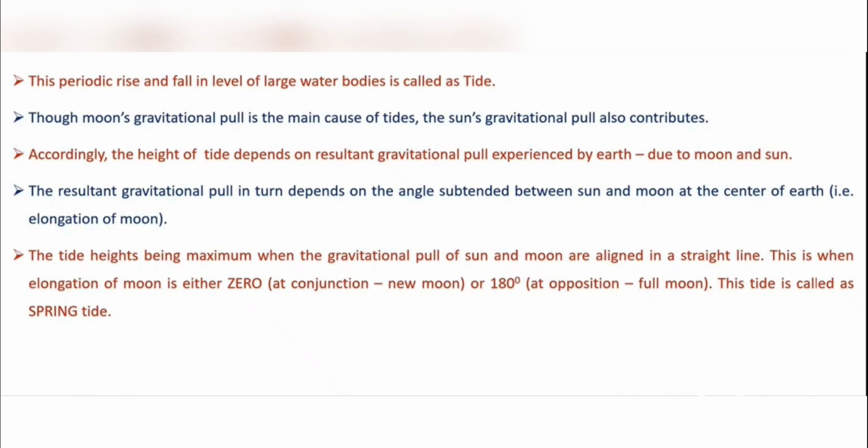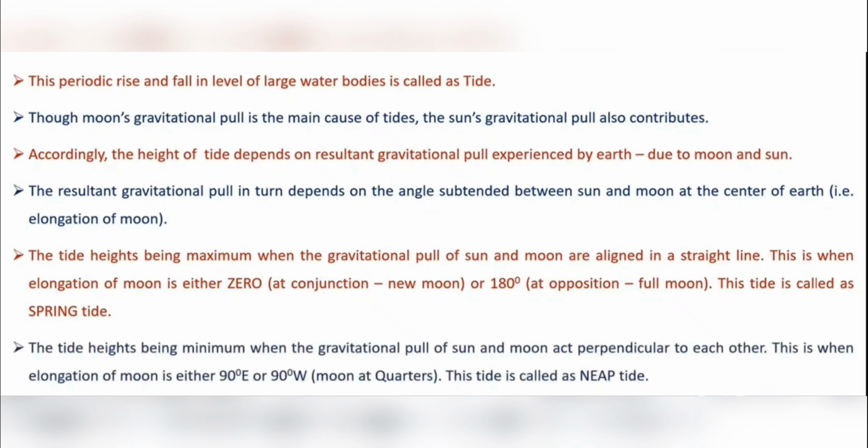That means this will happen when the elongation of the moon is either 0 degrees, that means moon is in conjunction with the sun, and that is the occurrence we all know as new moon, or the elongation of the moon becomes 180 degrees, that means moon is at opposition, that is the event or occurrence of full moon. This tide, when the gravitational pulls of both the bodies are aligned in a straight line, this tide height, which is maximum, is called as the spring tide.